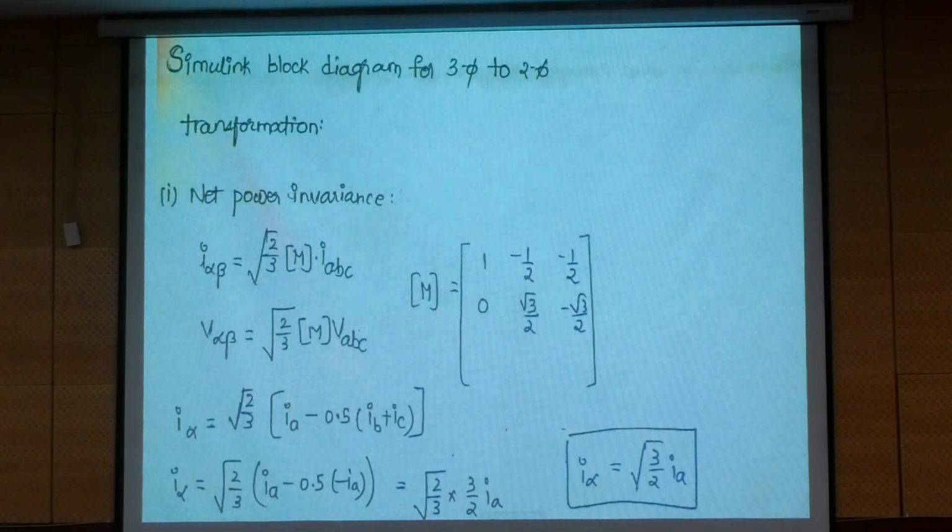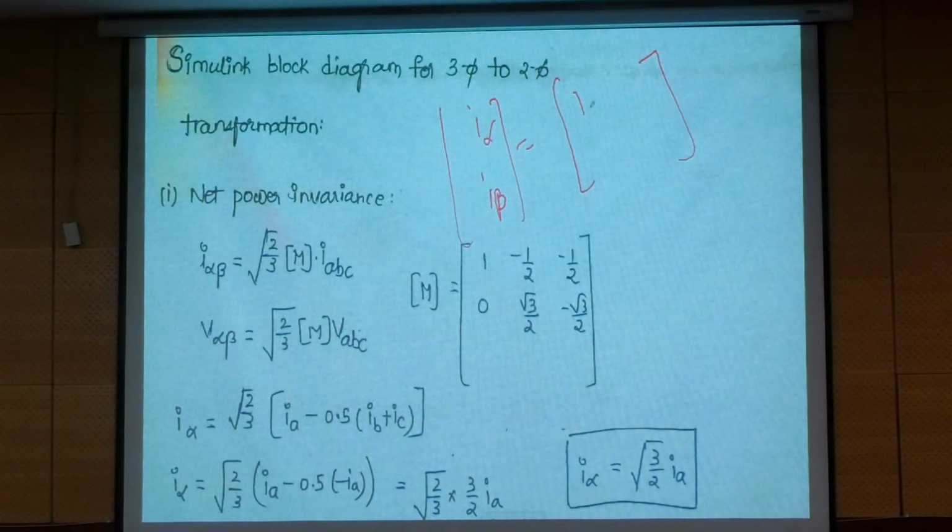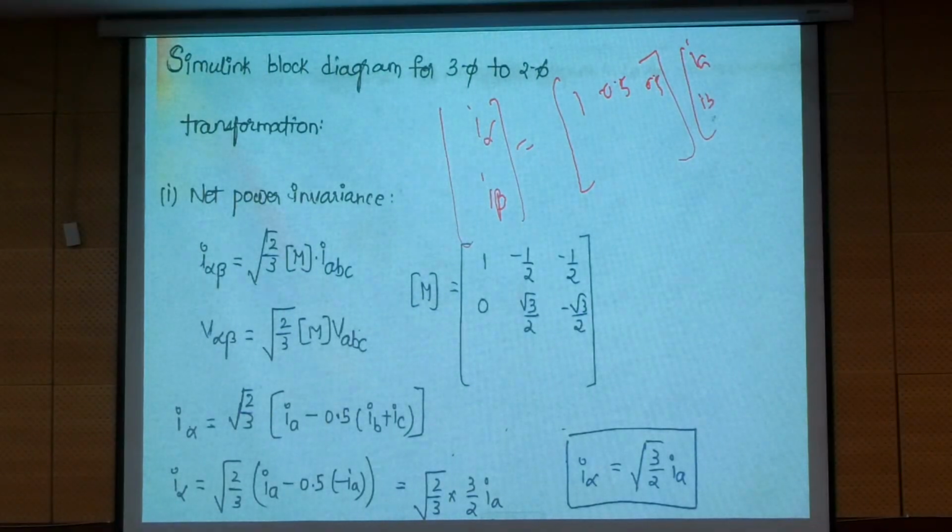I will write one for current, and I will write the remaining for I alpha; the remaining you have to do. So, from this equation, I alpha, I beta equals the transformation matrix 1, minus 0.5, minus 0.5, times IA, IB, IC, which are known values, right?